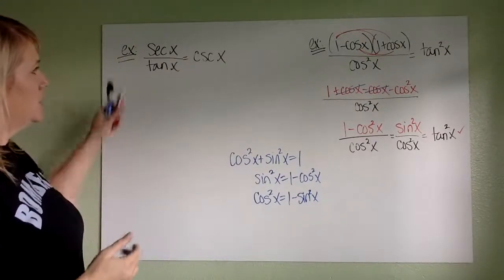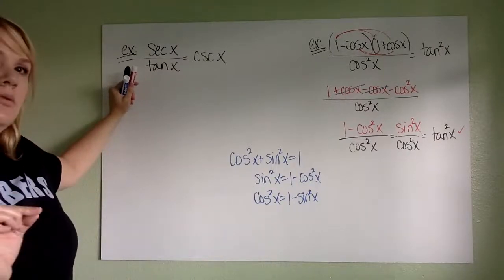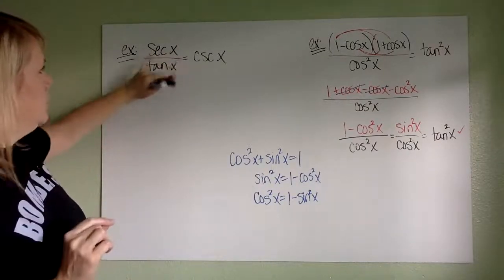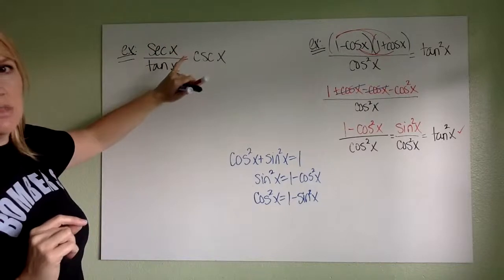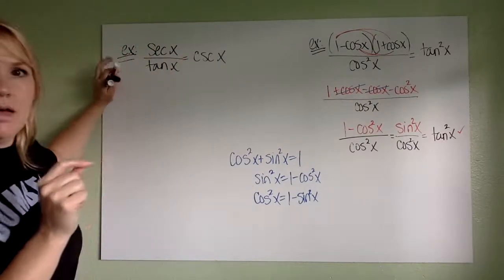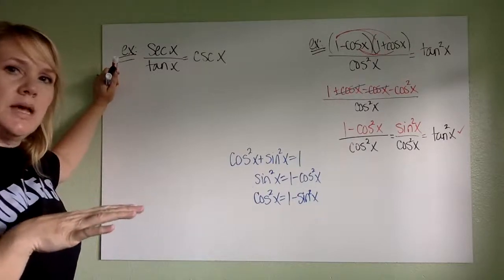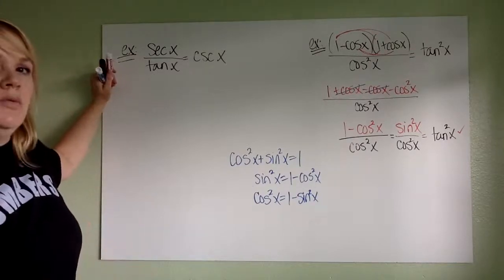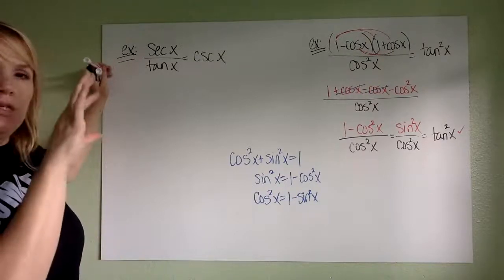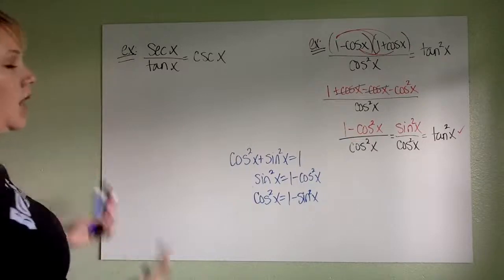Well, secant and tangent are related in the Pythagorean identities, but those have a little square, so we wouldn't use that. Since there's no little squaring to tell us to use the Pythagorean, there's no little negative x to look at the odd even, there's no pi over 2 minus x to look at the cofunction, then we should just stick to the top two. So the reciprocal and the quotient are the most commonly used.